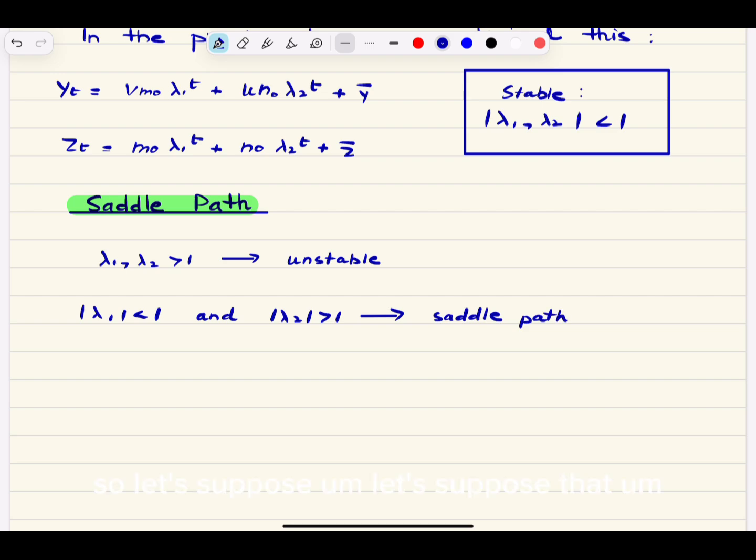So let's suppose that lambda 2 is the eigenvalue which is causing the instability. Since lambda 2 is causing the instability, we want to make this impact redundant.